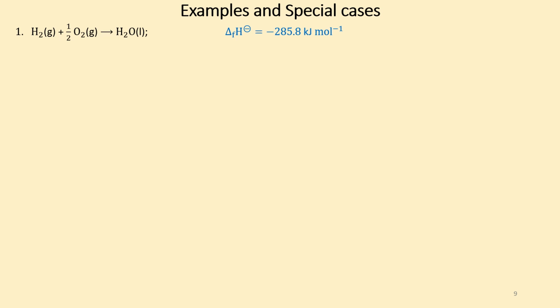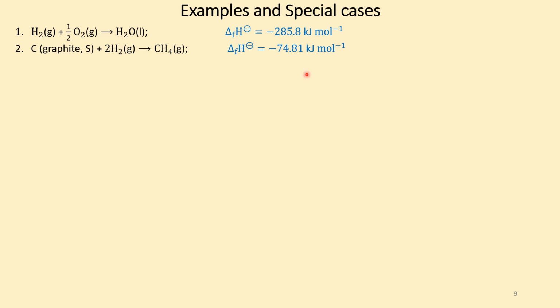Consider the reaction H2 gas plus half O2 gas combine to form H2O in liquid state. So ΔfH° is minus 285.8 kilojoules per mole. This is given in the standard table, which you can copy from the NCERT textbook.